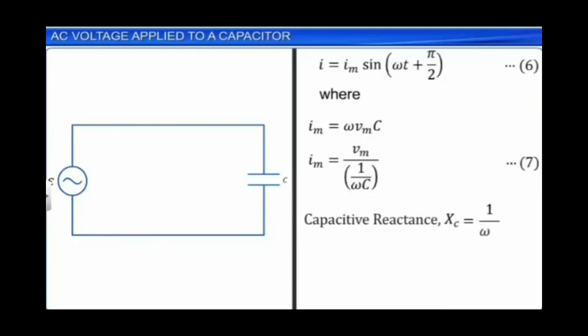So capacitive reactance XC is inversely proportional to ω, and it is inversely proportional to C also. And as we discussed earlier, ω = 2πf, where f is the frequency. So the expression for Im is Vm/XC.